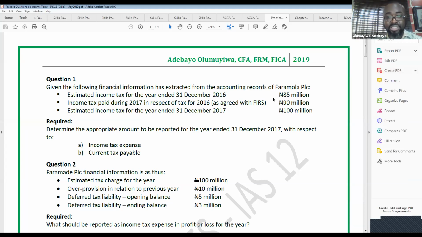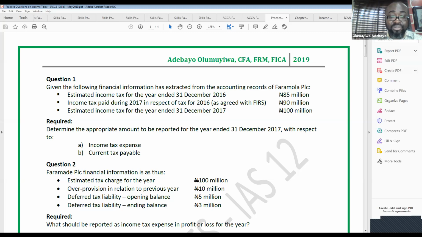That make up 90 million. Now, this current year, we have also carried out our self-assessments and it gives us 100 million. Therefore, we are told to show what would have been our income tax expense for the current year.